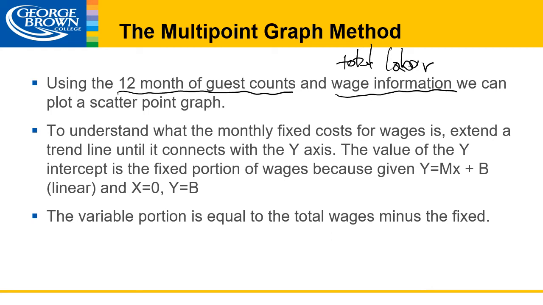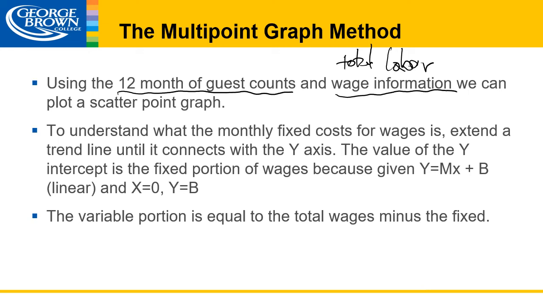If we assume both have a linear relationship, we can find the fixed cost of our total labor by extending a trend line that connects with the y-axis on the scatter plot. The value of the y-intercept, where the line connects to the y-axis, is the value of the fixed portion of our labor.